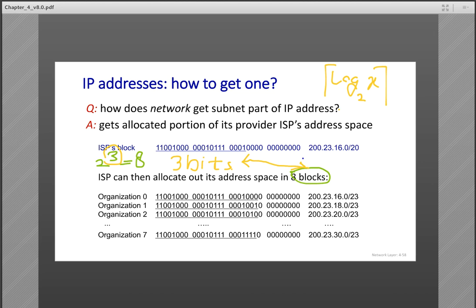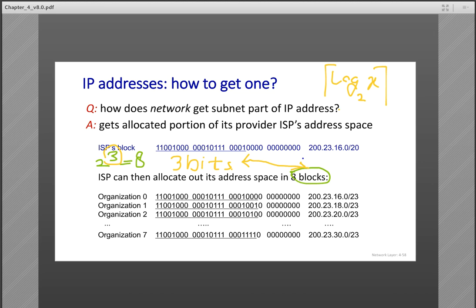I want to define one of those blocks. So what does it mean? It means that I need to extend the network part or subnet part.